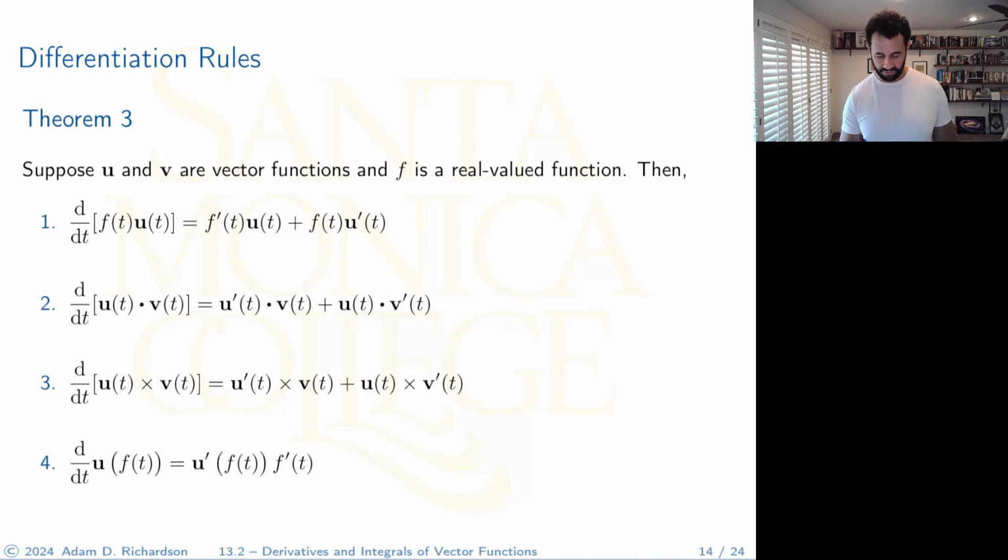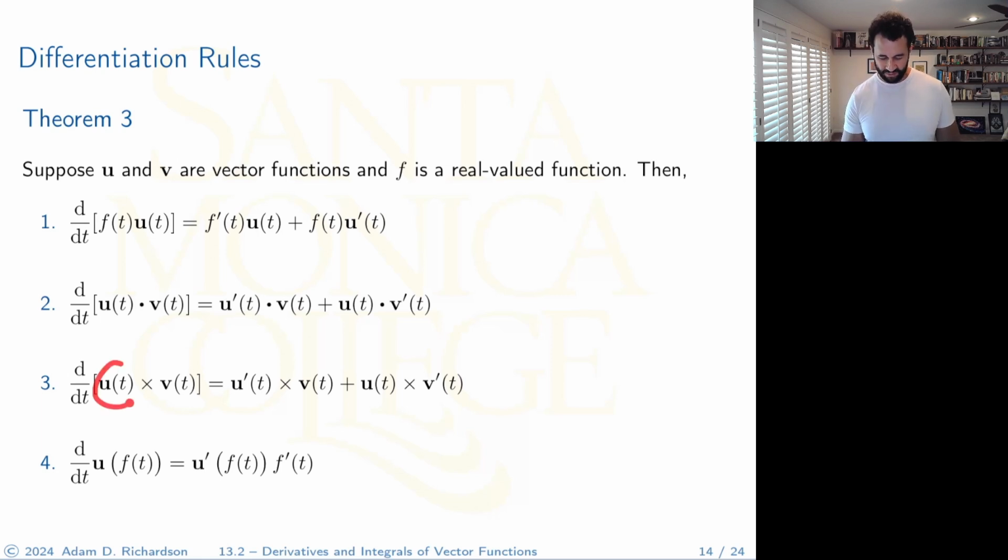What's even cuter is this. You get the same structure for the dot product. So if you do u dot v and you want to differentiate a dot product, you use the product rule. u prime dot v plus u dot v prime. Hooray! Works out nicely. And it even works for the cross product.